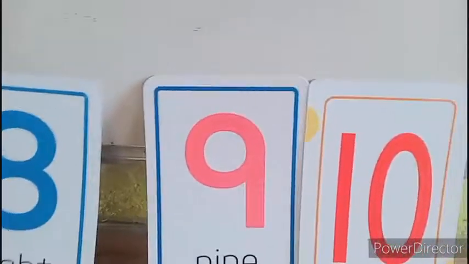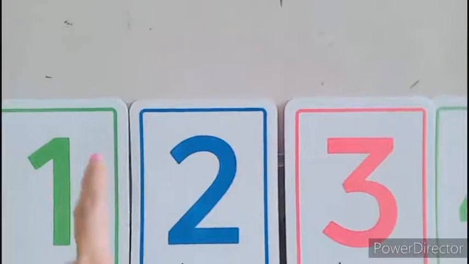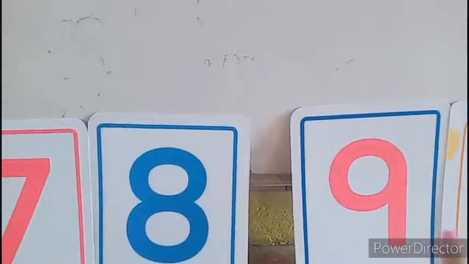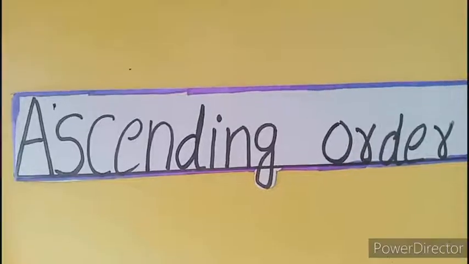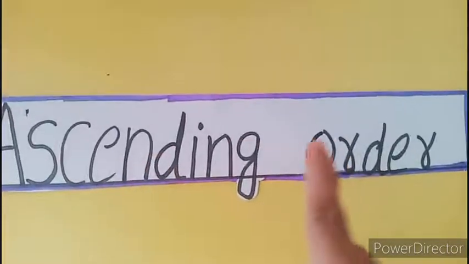Okay, dear kids? It means arranging the numbers from smaller to greatest. That is ascending order, arranging the numbers smaller to bigger.